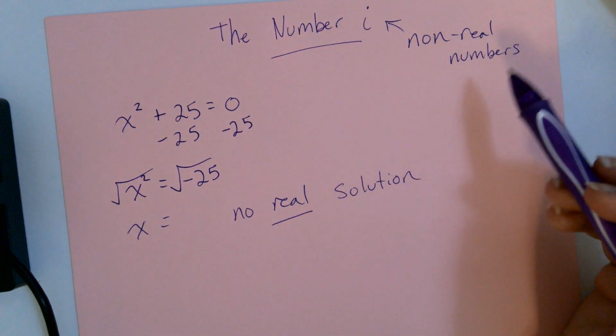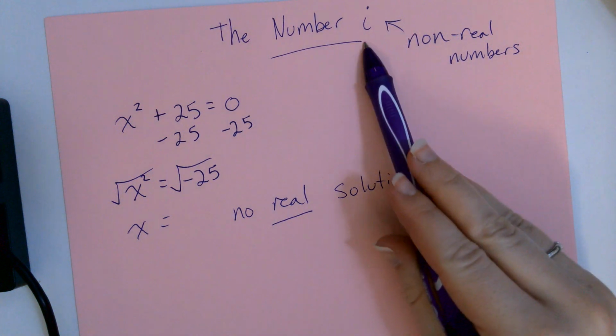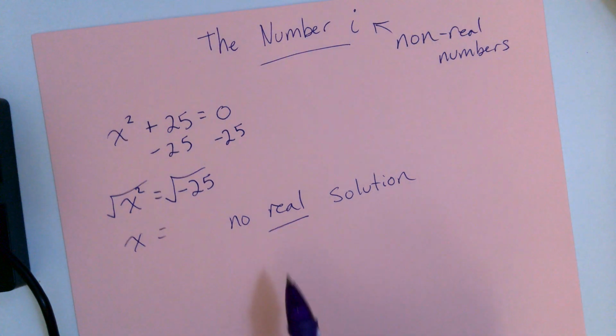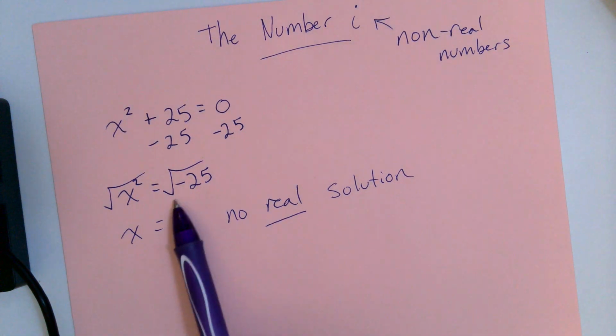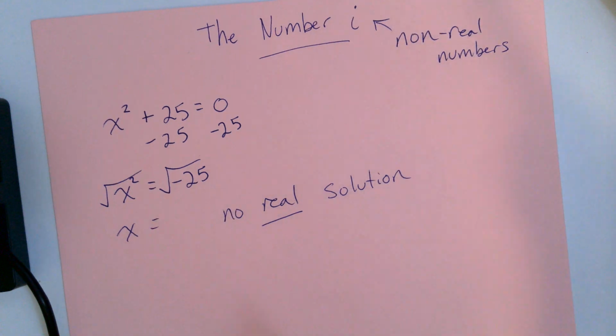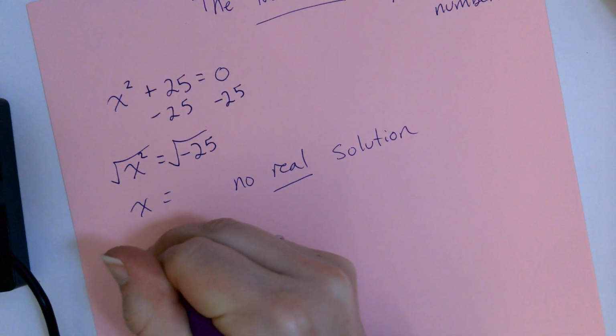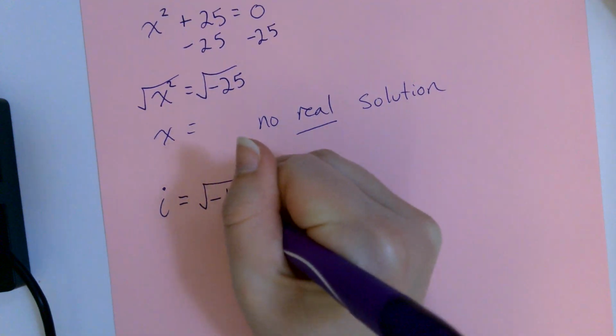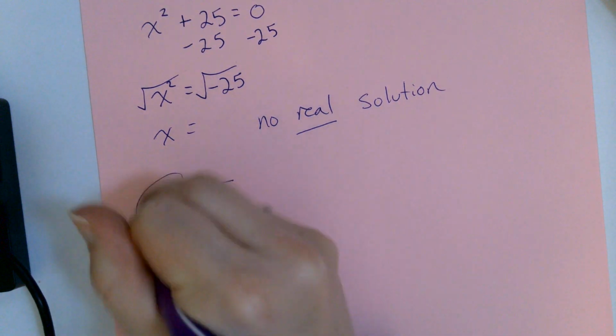So now that we talk about i, we have a way to talk about non-real numbers. So we will have a way to describe the solution to this equation. So i is the square root of negative 1. That's what i is.